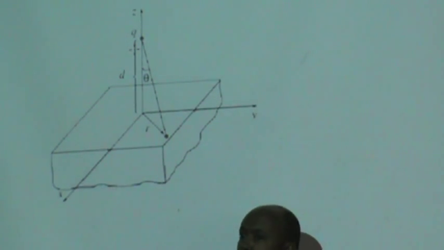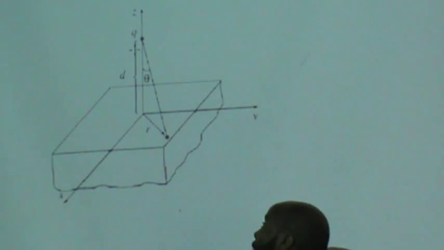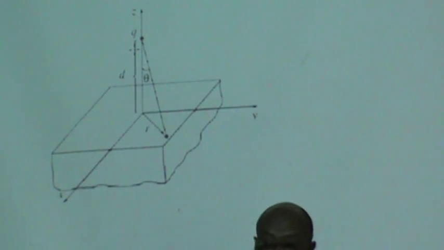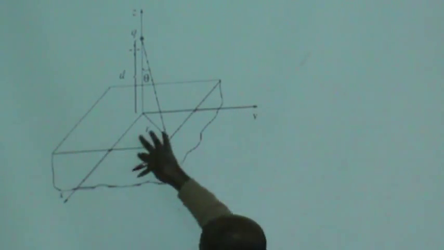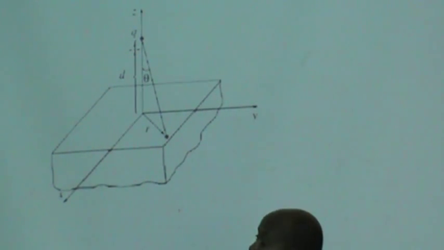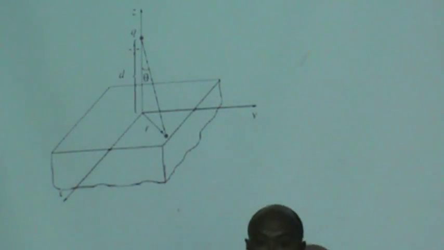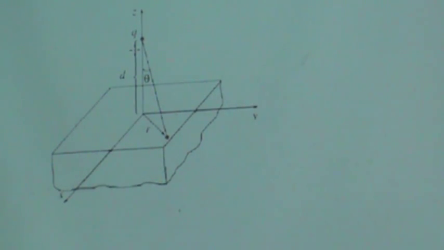So when we talk about the electric field on this surface, it's going to be the electric field of what and what. One is the electric field of the point charge, right? And the other is the electric field of the bound surface charge. Exactly. So if I find the electric field of the two, then that means I know the polarization, and then I can express the bound surface charge density.